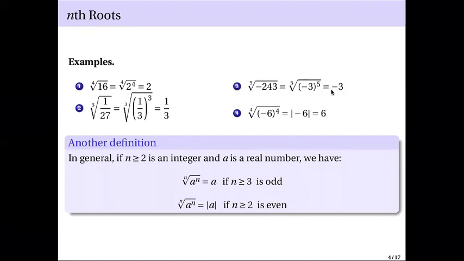The 5 cancels, so you have negative 3. Okay? But more importantly, if you have negative 6 to the power 4, okay, and you get the fourth root of that, you're not just canceling it. It's not the same as the cancellation. You have to take now the absolute value. Okay? Question?